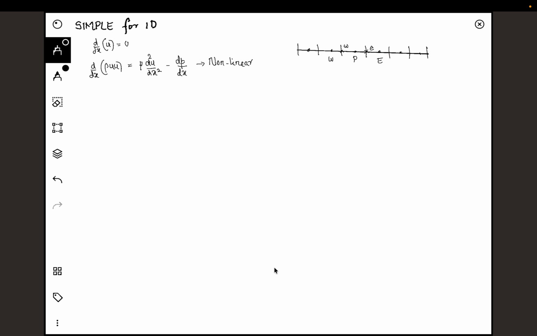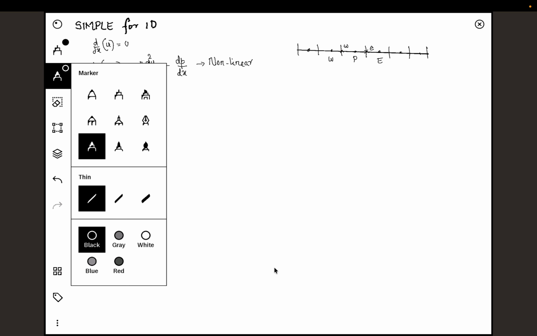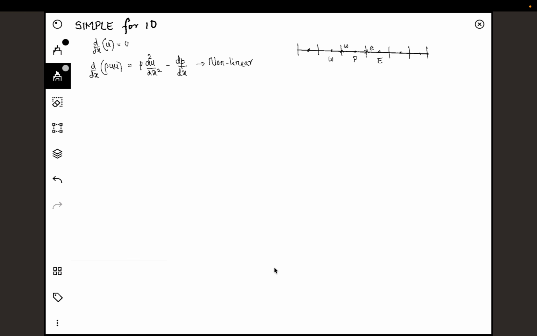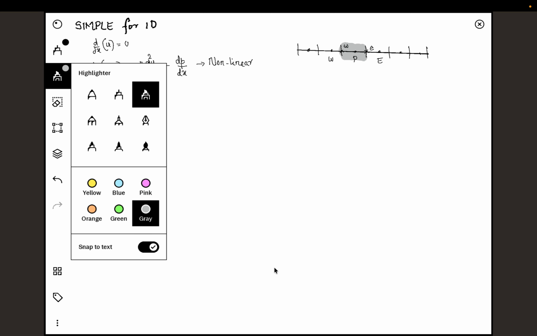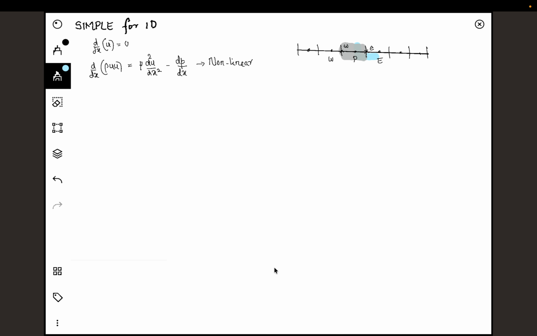The idea is, again, we have to use a staggered grid, which means I have to use two different kinds of discretizations. One will be this: I'll consider this as my cell and do the discretization. Similarly, I'll have to do another one, another half cell, this one.